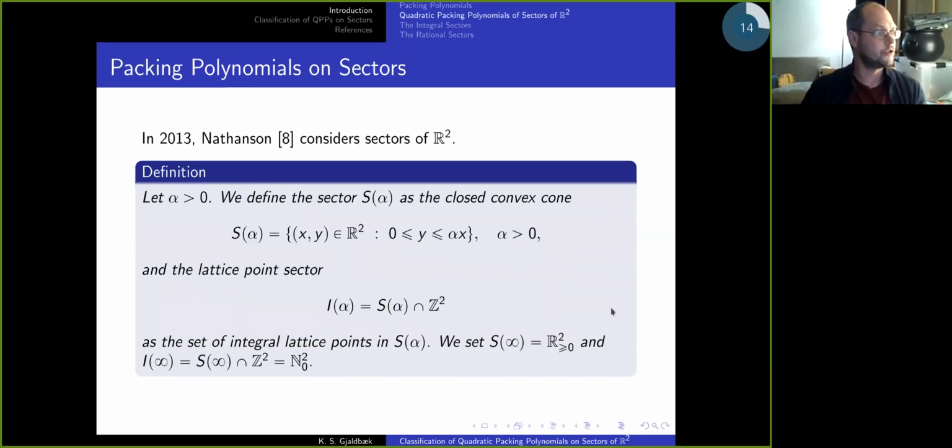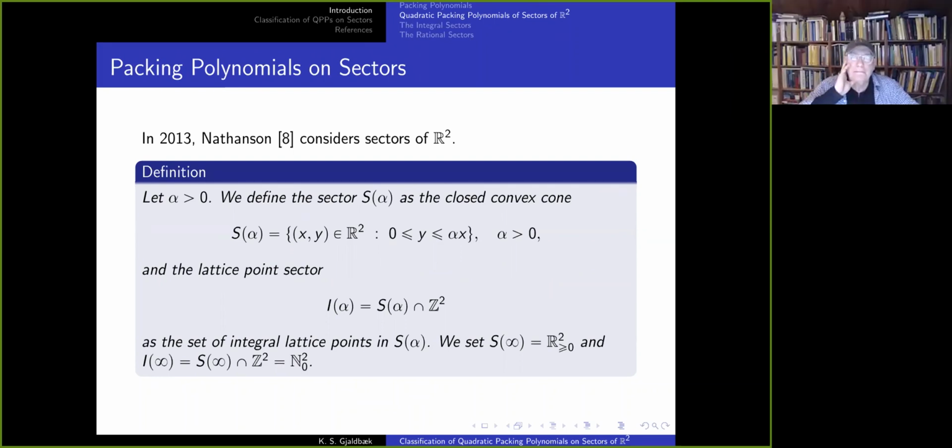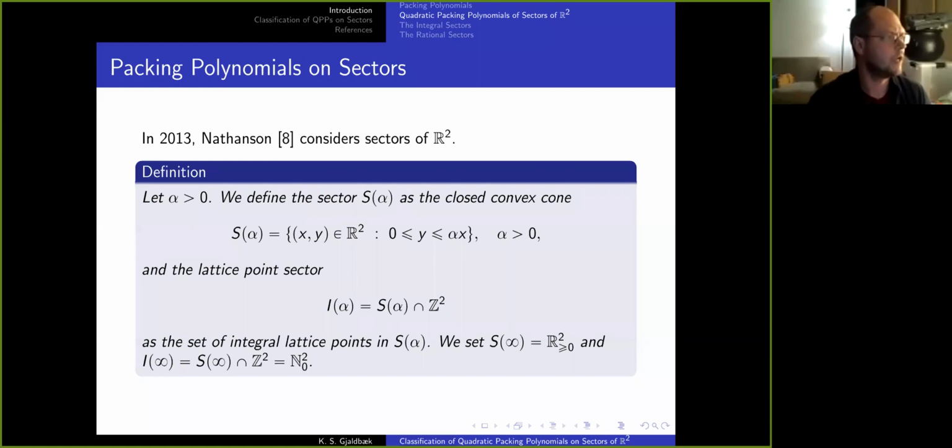Now jump to 2003. Melvin Nathanson puts a paper out where he studies the more general situation of, instead of looking at the lattice points in the first quadrant, you look at a sector that is between the x-axis and a line through 0,0 with slope alpha.